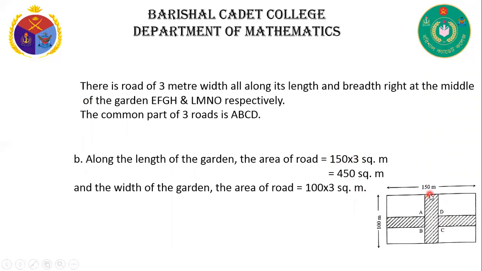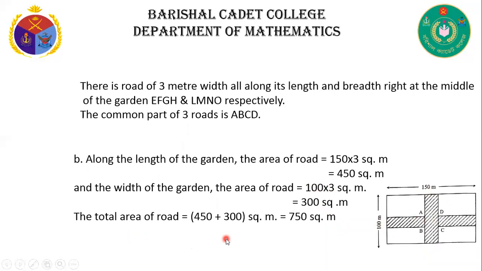And along the width of the garden, the area of the road is length into breadth. Here this portion is 100 and this portion is 3. So you can write 100 into 3 square meter, that means 300 square meter.